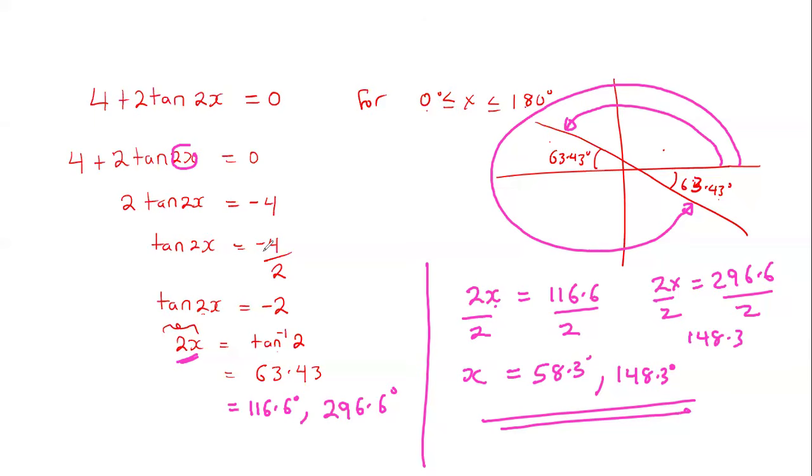What I'm trying to say is that when you're getting the angles, the values of 2x, like in the quadrants on your graph, you didn't consider the negative ones, like -6, 3.43. It came from here because they told us the angles should be positive, so there's no need why we get the negatives.